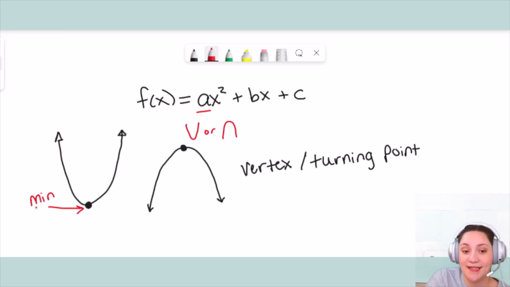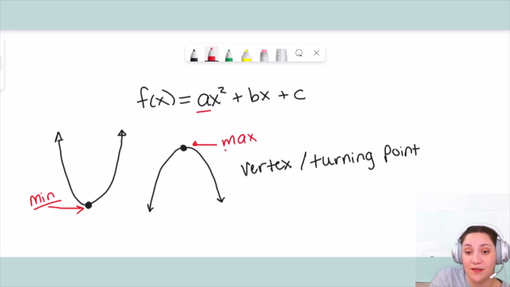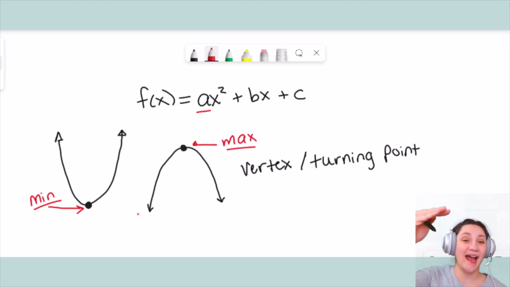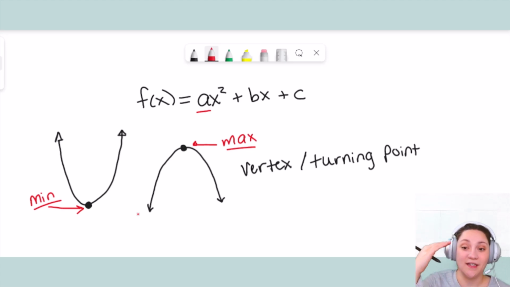That's pretty easy to see because this is the lowest point of the parabola. It's the smallest value that graph is ever going to be. And if that vertex is the turning point of a parabola that opens down, that's actually going to be the maximum, right? It's the highest number that graph is ever going to be.